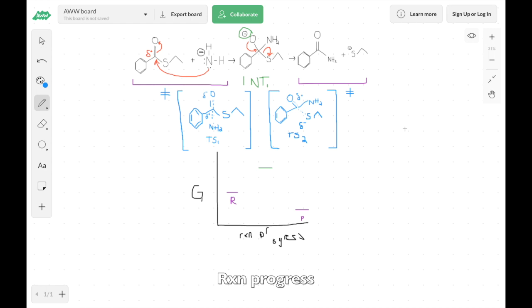Now in transition states, bonds are in between being broken and formed, so we have partial bonds. So we show this by using dotted lines like we have here and here, and these are our partial bonds. And then along with this, formal charges on these atoms are partial because they are being formed or diminished. So for example, here this oxygen has a partially negative formal charge because it's not neutral, but it's also not negative.